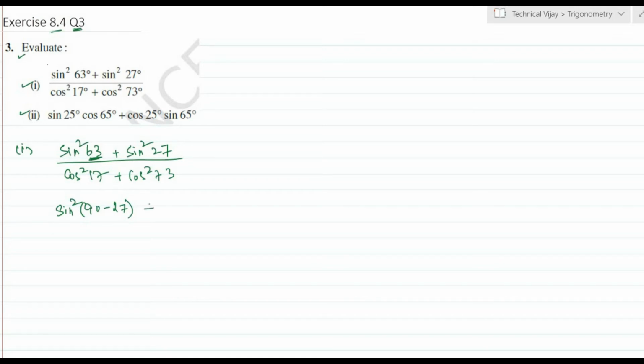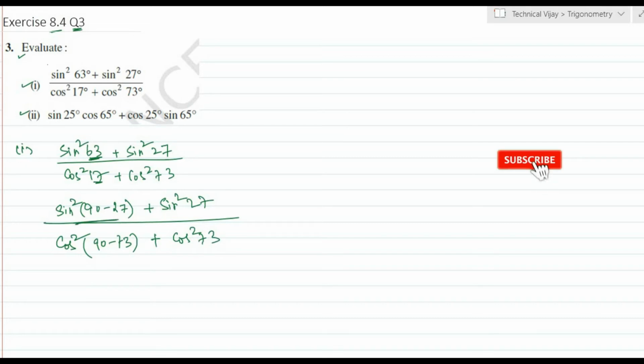So plus sin square 27, I will write as it is, because if you convert both there is no value. Here cos square 17 can be written as 90 minus 73, plus cos square 73. Sin of 90 minus theta equals cos theta.